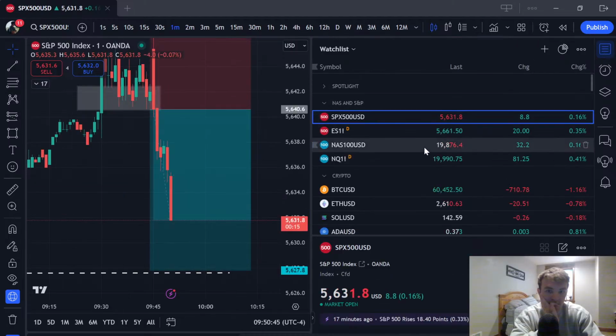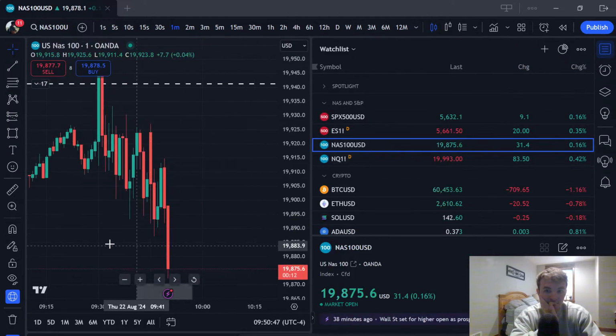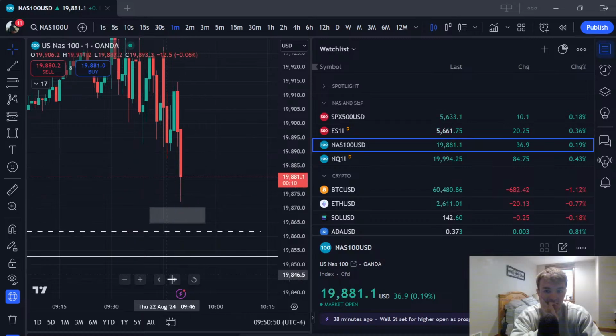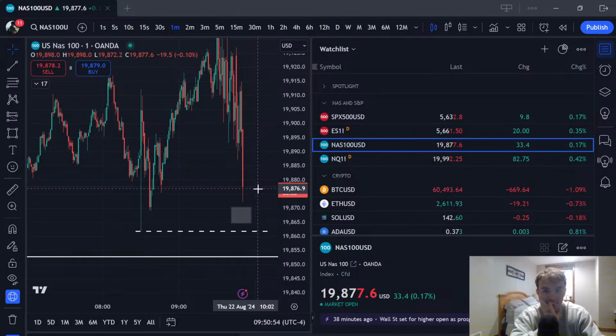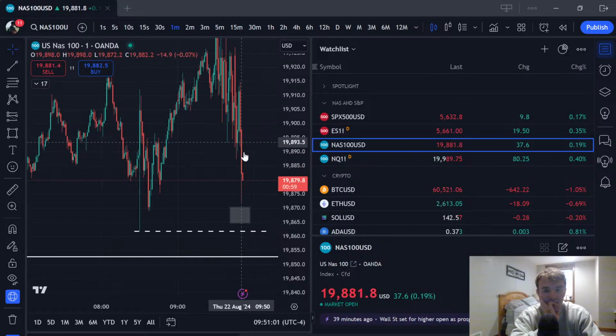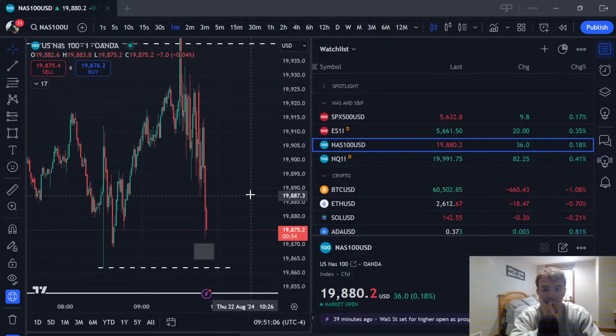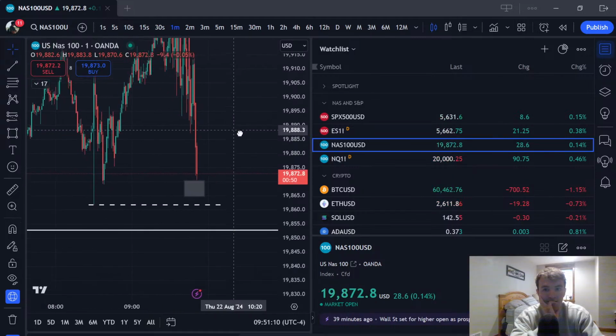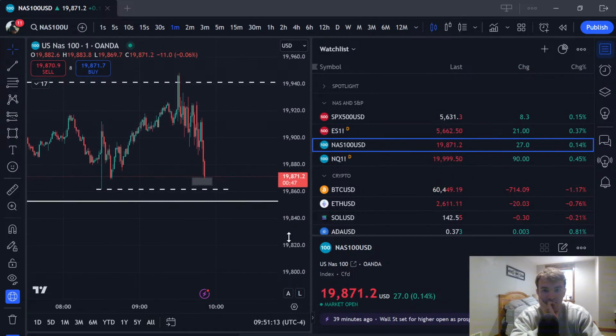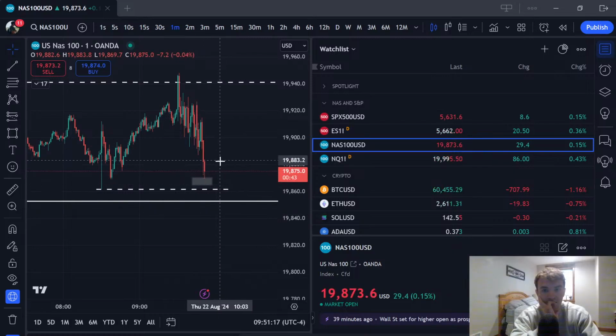And what we want to see for our trade is this data low swept. As long as this data low gets swept, and then we have a clean singular inverse fair value gap, I'll probably take it. We want to see a super strong inverse fair value gap.